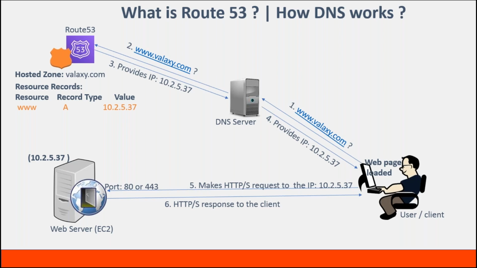Okay, so I have just deployed a web server. The web services are now accessible on a specific IP. Now I need my client to access these web services using a name. So let's go and create the required setup on Route 53 to make the things happen.